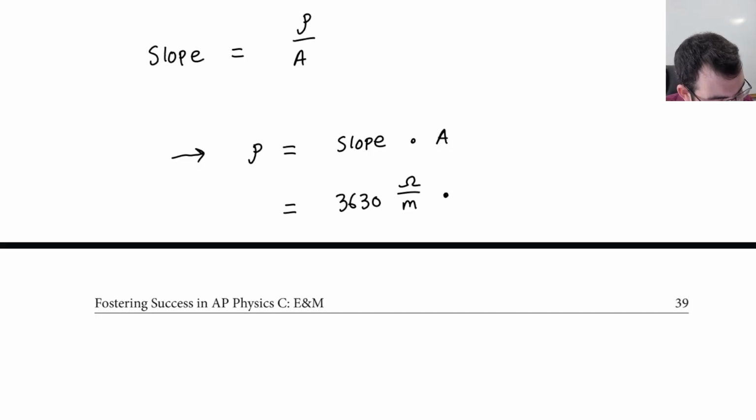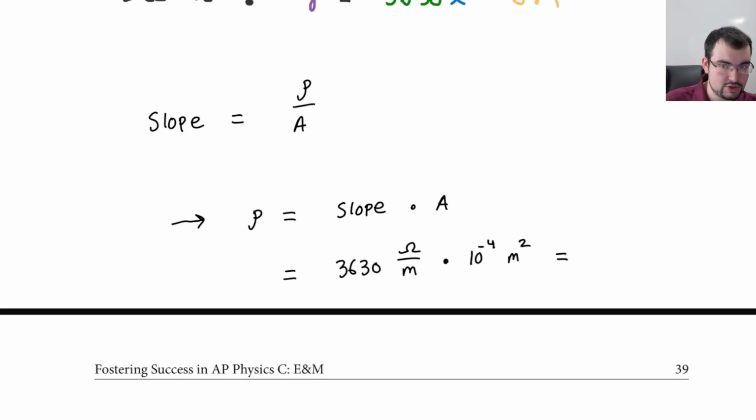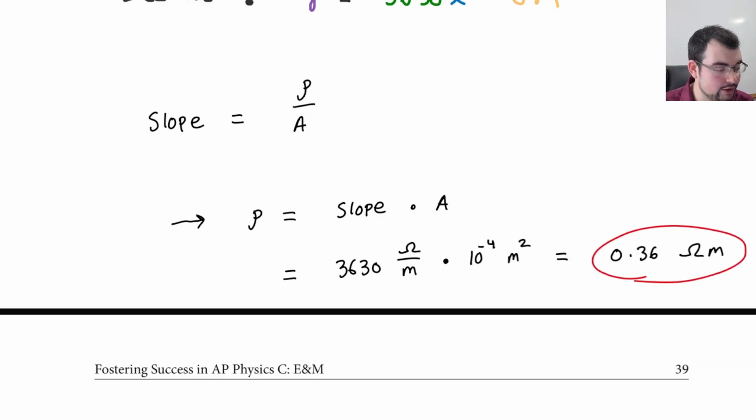And then area is 10 to the negative fourth meters squared. So that's pretty easy to multiply. We just have to scoot our decimal 4 over to the left. So this would be 1, 2, 3, 4. So we get 0.36 ohm meters, which is about what we get for Play-Doh when we do this lab in my class, which is why I picked this as the resistivity.